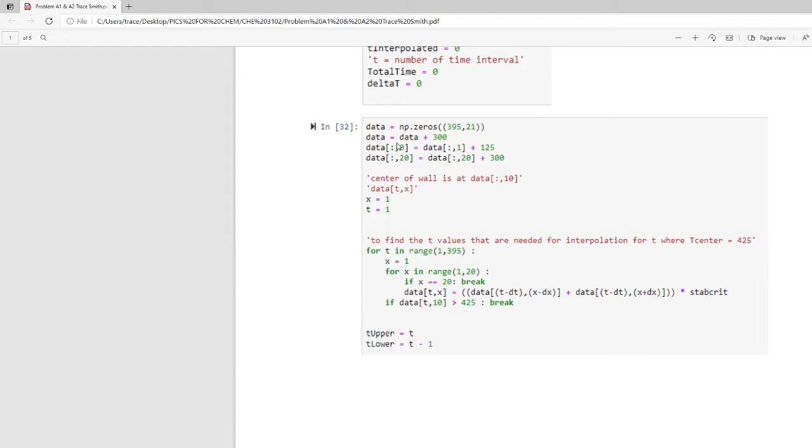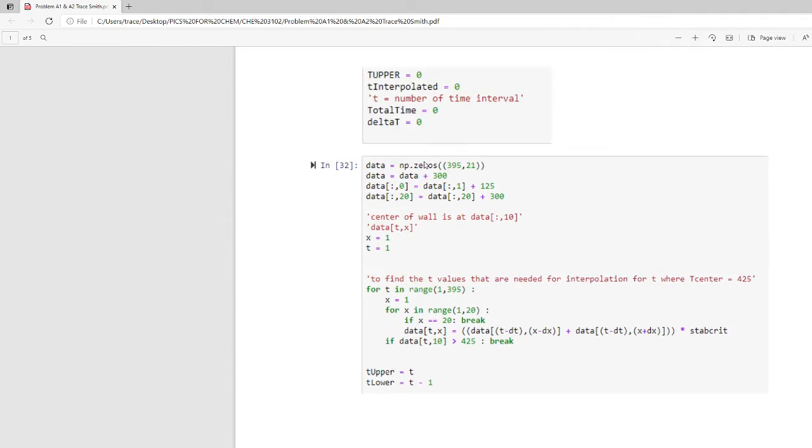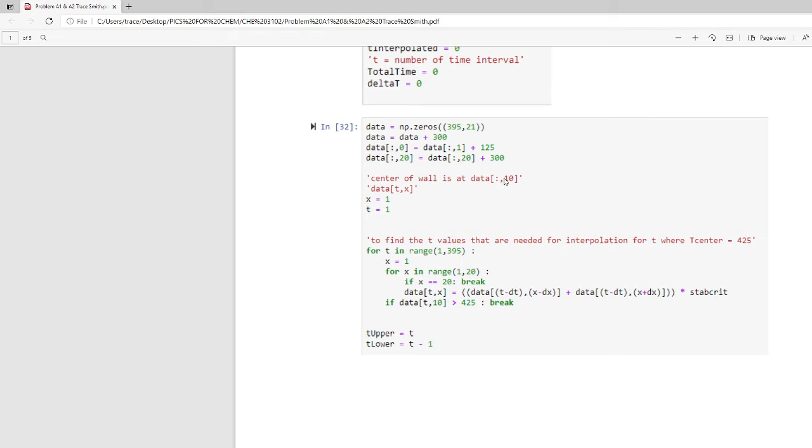And then I took just the entire left column and I turned it to 425 by adding this to that left column. And then I took the entire right column, which is the right side of the wall, and I made that equal to 600. The center of the wall is at this point, colon comma 10, that would be the entire middle column.